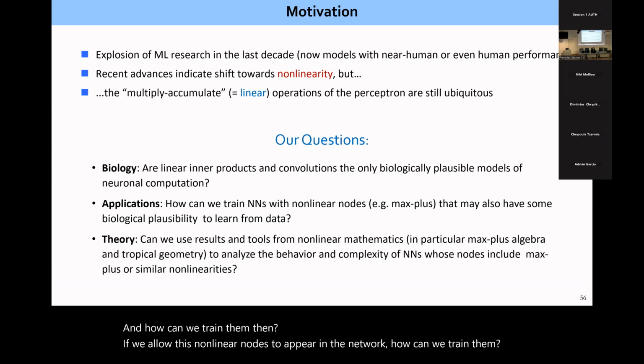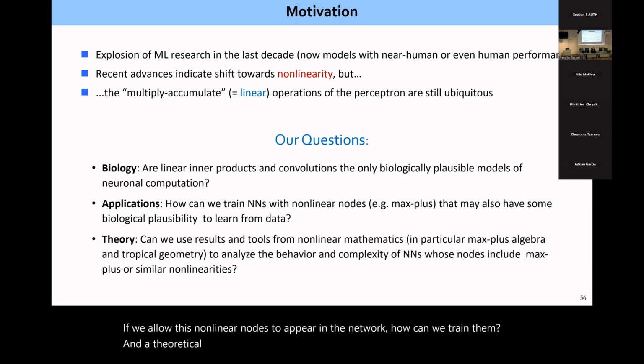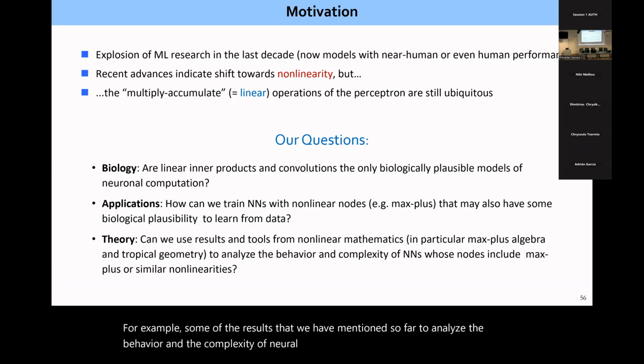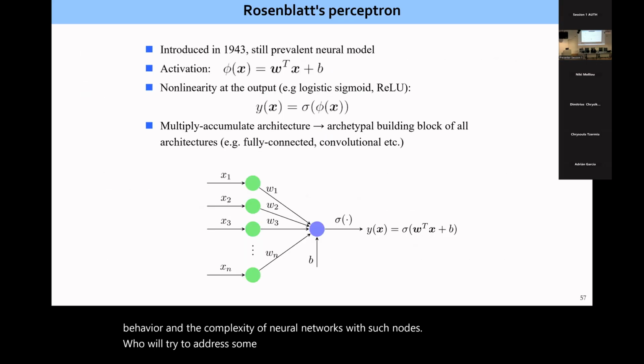And a theoretical question: how can we use some of the results in nonlinear mathematics, for example some of the results that we have mentioned so far, to analyze the behavior and the complexity of neural networks with such nodes? We will try to address some of these questions.